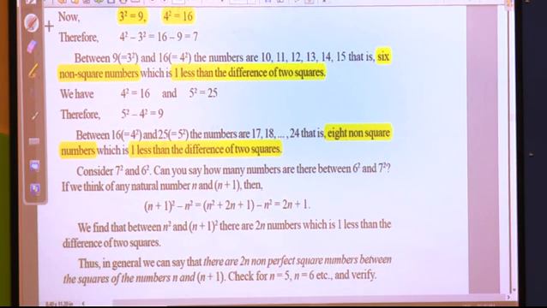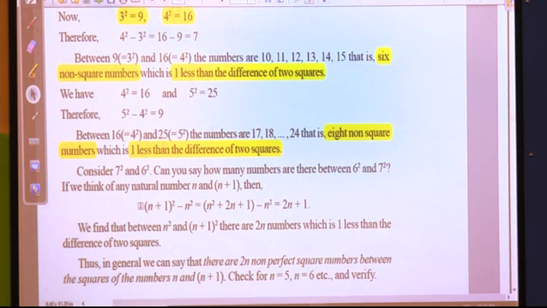Proceeding further, we find that between n square and n plus 1 bracket square, there are 2n numbers. How many numbers are there? There are 2n numbers, which is 1 less than the difference of 2 squares.